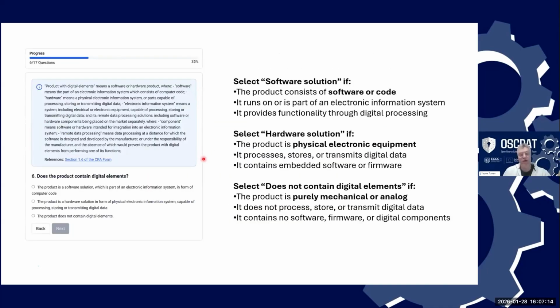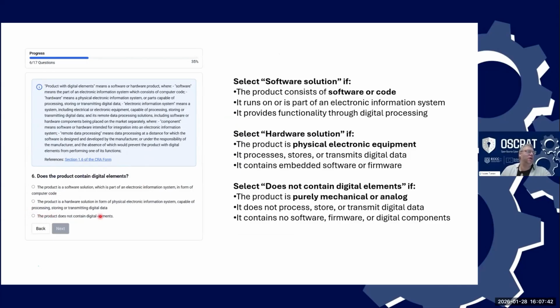If yes, then you're moving to question number 6. This question is also a gateway to going forward or to the exit. I'm still reminding you that if you want something more, you can read here on the topic, the statement, then you can go to the CRA 1.6 from the CRA.